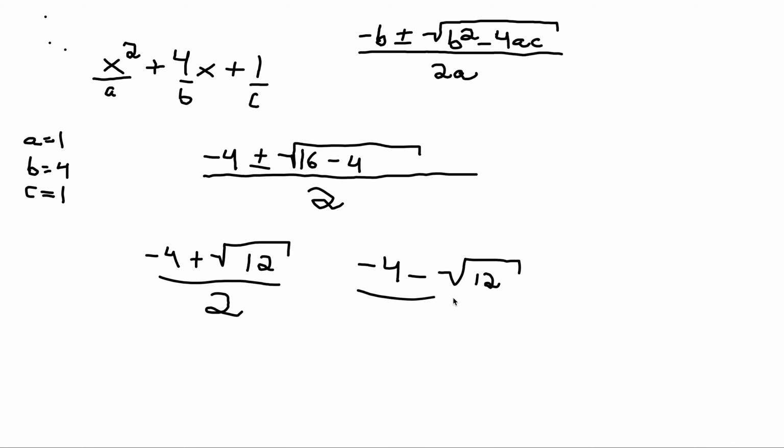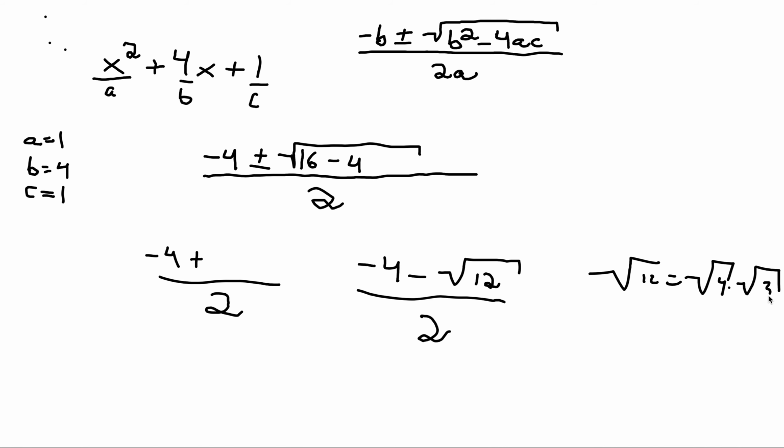over 2. Now, even though we technically have our two solutions over here, we are not done, because this square root of 12 can actually be broken down. So I'm going to go ahead and get rid of this. So we know that the square root of 12 equals the square root of 4 times the square root of 3.